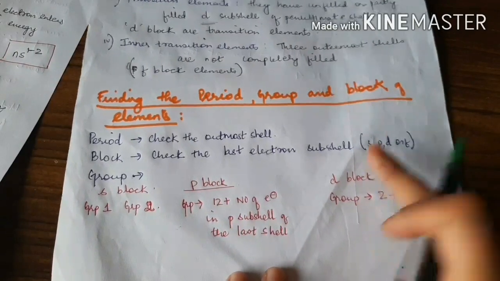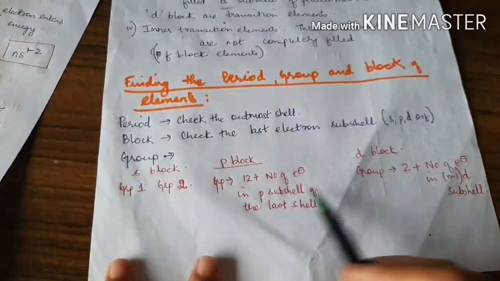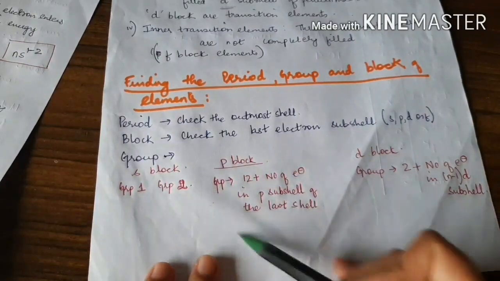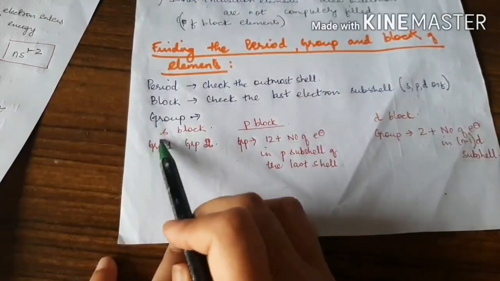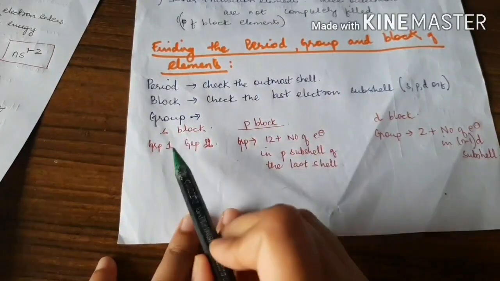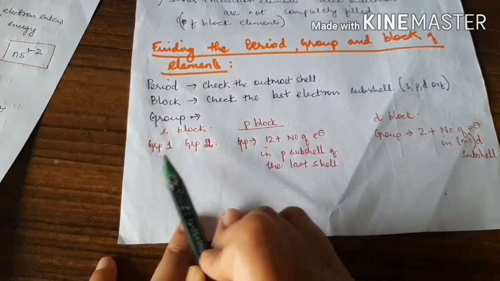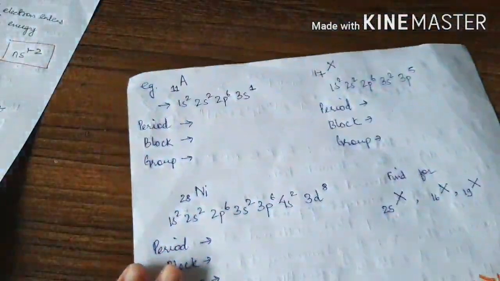If it enters P, that is P block, and so on. Then for finding the group, I have written it out for you. This will be of help. If it is S block, you'll have either group 1 or group 2. I will just solve it, then you will understand.